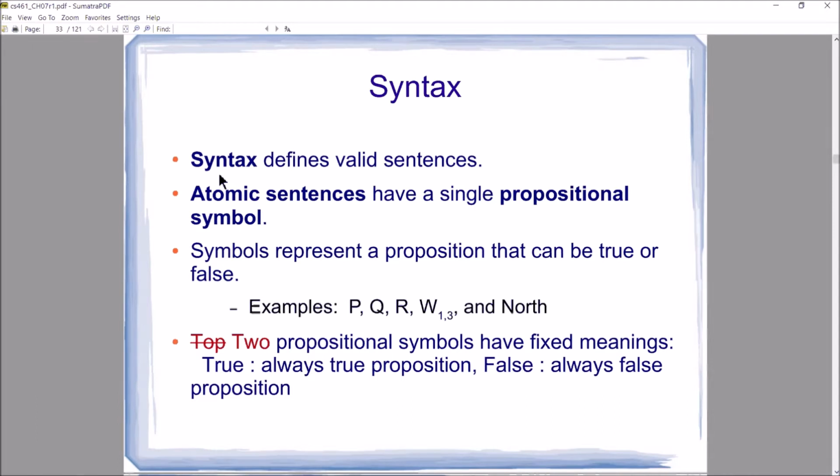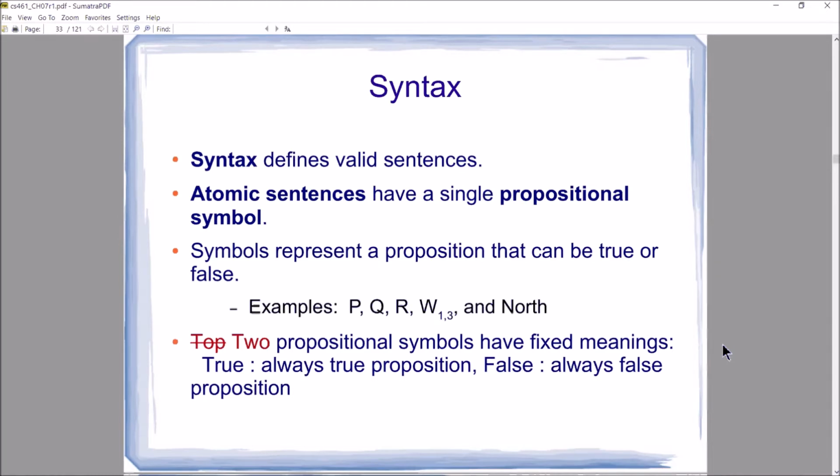Now, the symbols themselves, they're going to represent some proposition that can be true or false, right? So it can be true that this thing exists in the world, or it is false that this thing exists in the world. So some examples of different propositional symbols: P, Q, R, W sub 1, 3, north, right?